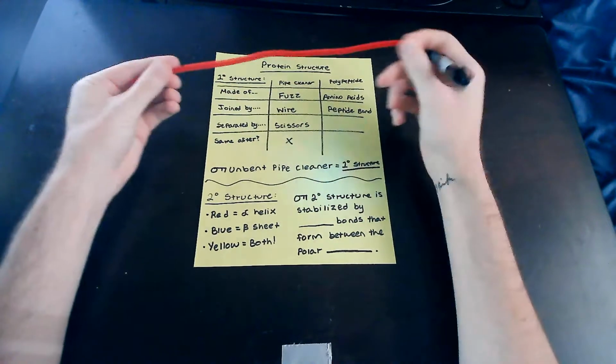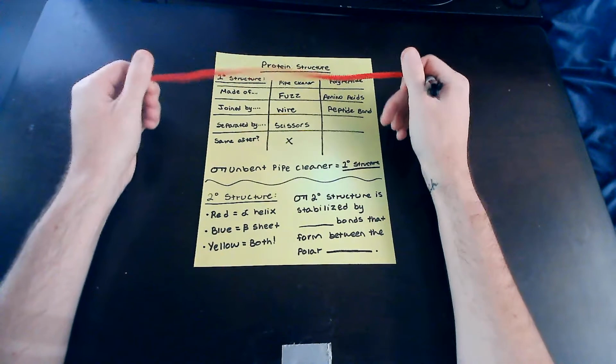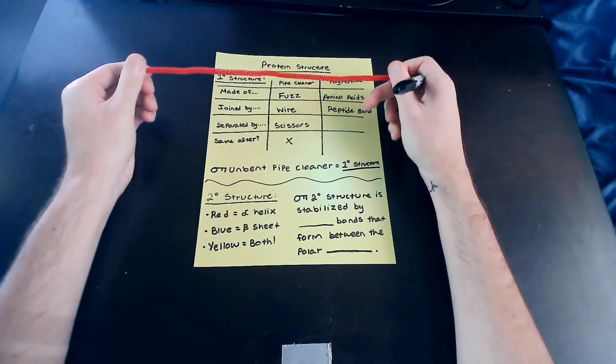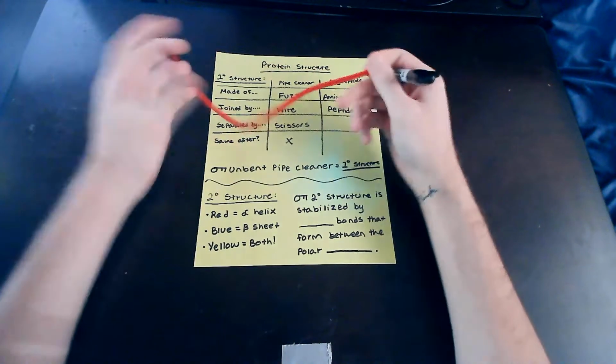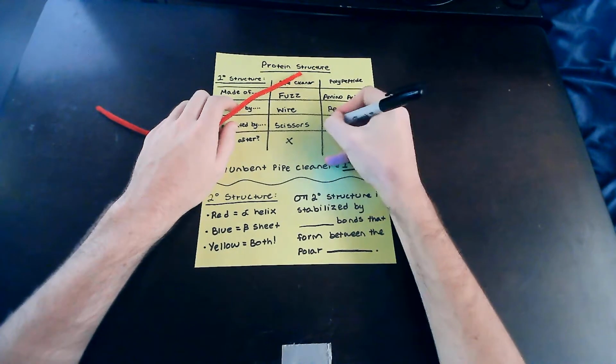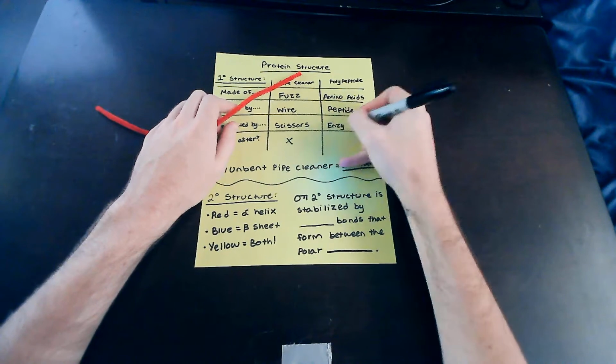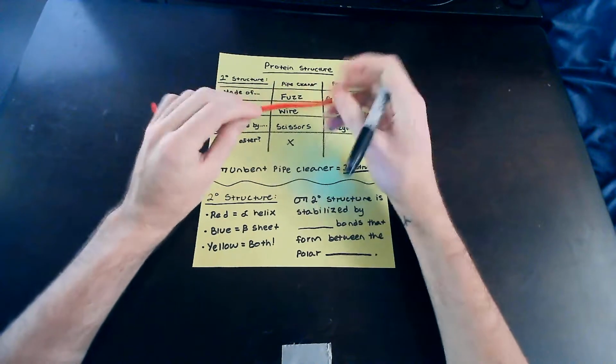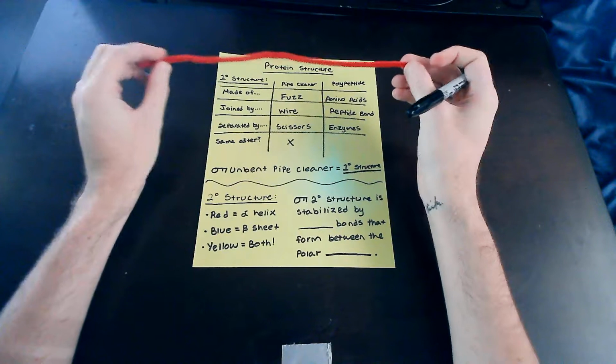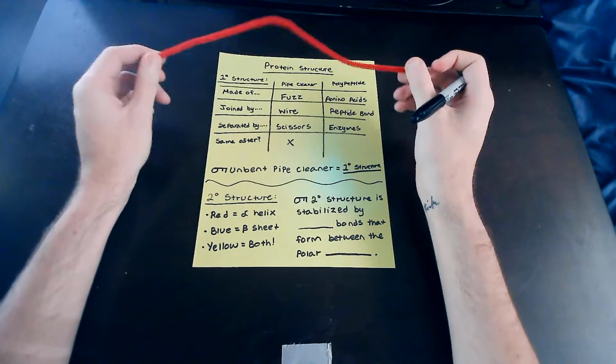How would you separate the amino acids that are joined together by peptide bonds? Enzymes. You would need protein enzymes to do so. An example of this is, I believe, pepsin in the stomach, which functions at a super low pH.